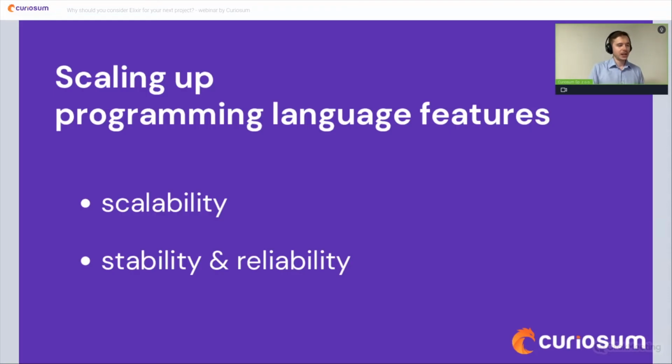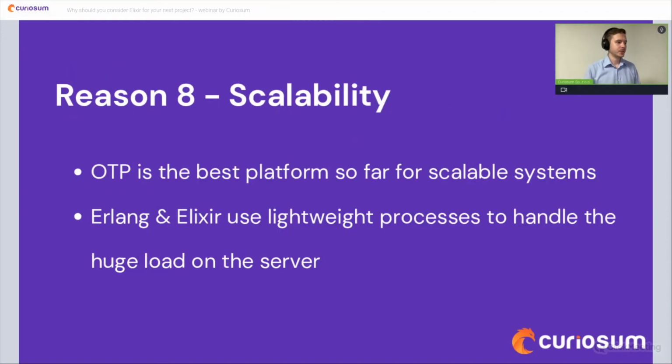So we move on to the scaling up process. And two things were important here when it comes to programming language features: scalability as well as stability and reliability. So scalability. As I said, Erlang has this OTP, and I would say the error recovery system here, how we supervise processes, is again the best platform out there that you can use to do this kind of thing.